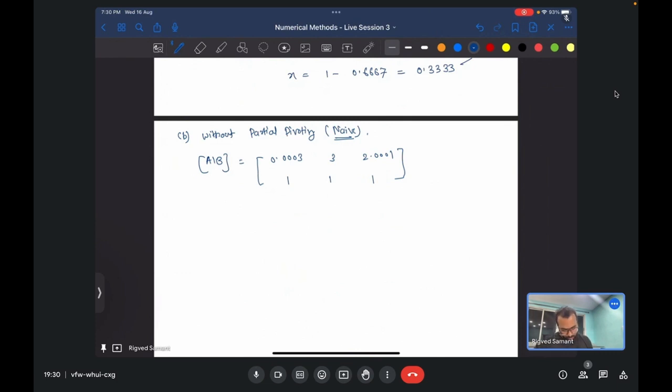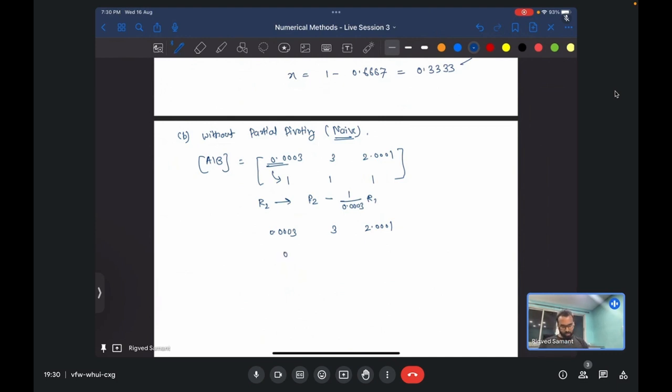So in naive elimination, using this element we make this 0. R2 would be R2 minus 1 divided by 0.0003 times R1. R1 is 0.0003, 3, 2.0001, so this will become 0.